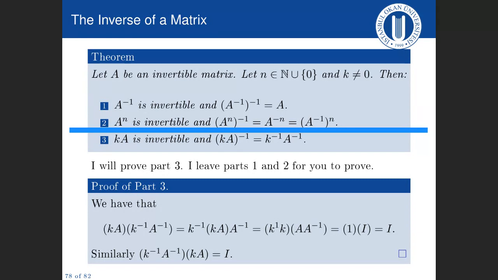I want to do an example which demonstrates this. So I want to take a matrix and show that if first we do the power n and then we take the inverse, we get the same result as if we do the inverse first and then do the power n.